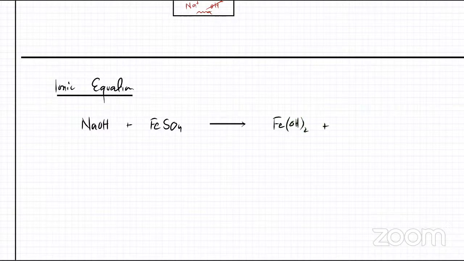What's left in the solution is Na2SO4. So this was my solid, this was my aqueous, and I guess this was aqueous as well. So what happened was that two aqueous things ended up forming a solid precipitate.